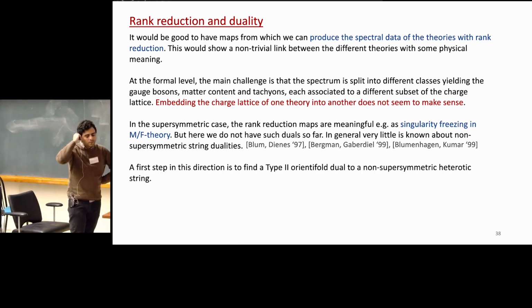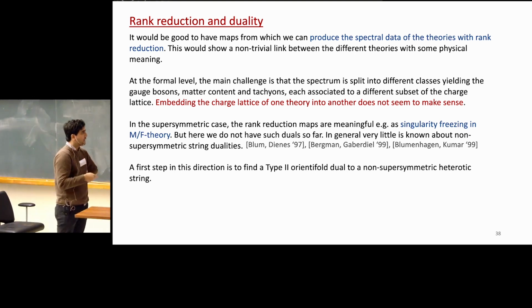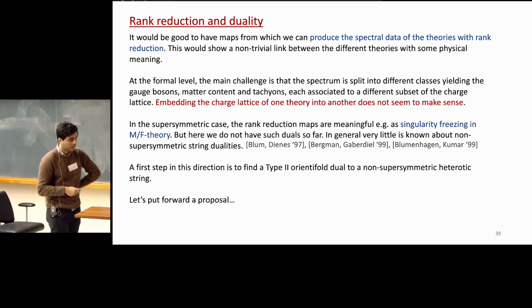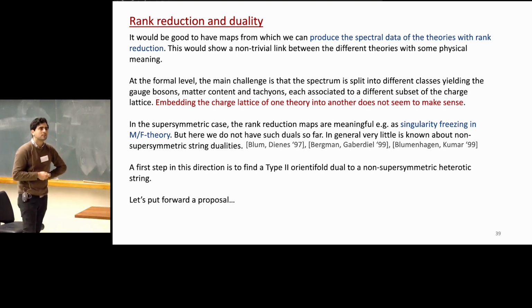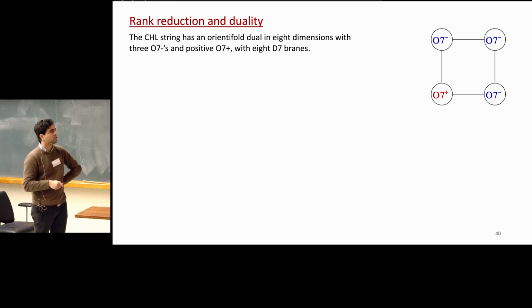So let me think here of a first step with these rank reduced theories. Maybe we can find an orientifold that is dual to one of them, and I want to propose such a thing. We start with the CHL string. The CHL string has an orientifold dual in 8 dimensions. You take type 2 theory, you do an orientifold, and you usually would put 4 O7 minuses.